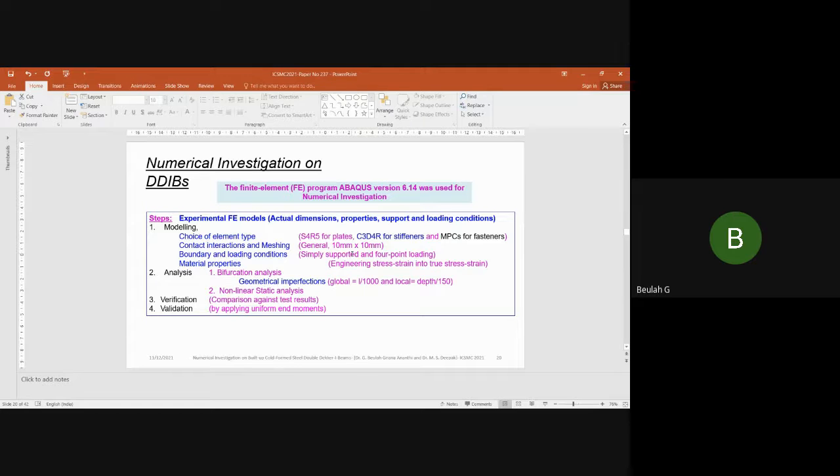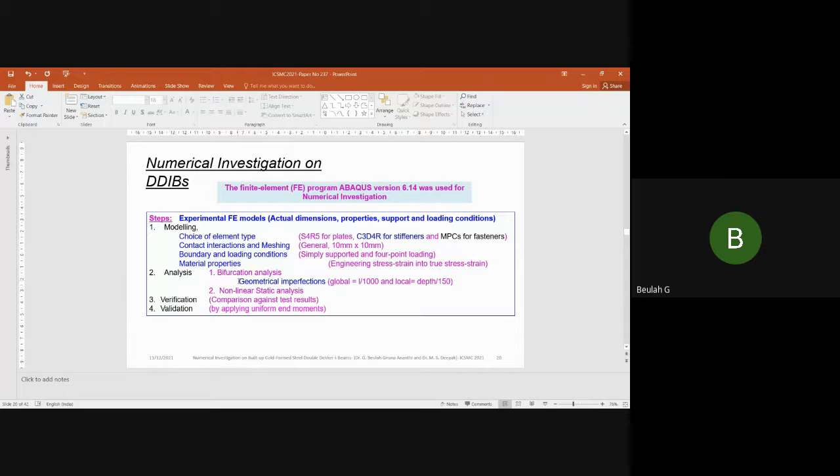So the mesh sensitivity analysis can be done for short spans with 5 cross 5, but for longer spans, normally we take only 10 cross 10. So these are some of the observations from the numerical studies. In the analysis pattern, for the bifurcation analysis, geometrical imperfections were taken as L by 1000, and for the local, it was taken as depth by 150.